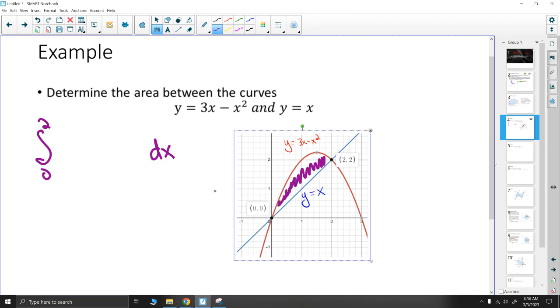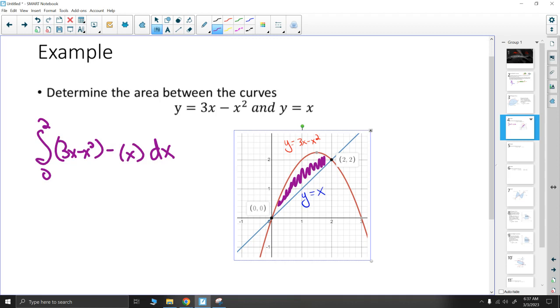So what we want to do is take the integral, and we're doing it in relation to x, so from 0 to 2 on the x-axis, so dx. So we want to write our functions in terms of x's. We are going to take our upper function minus our lower function. So that is the red one minus the blue one in terms of x's. So that would be 3x minus x squared, our upper function, minus our lower function x.